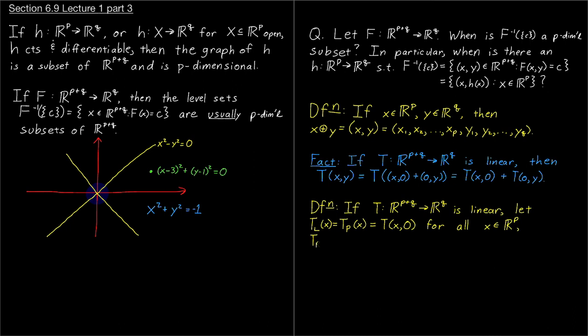And then T_R, which your book insists on calling T sub q. That's T of 0, y for all y in R^q.